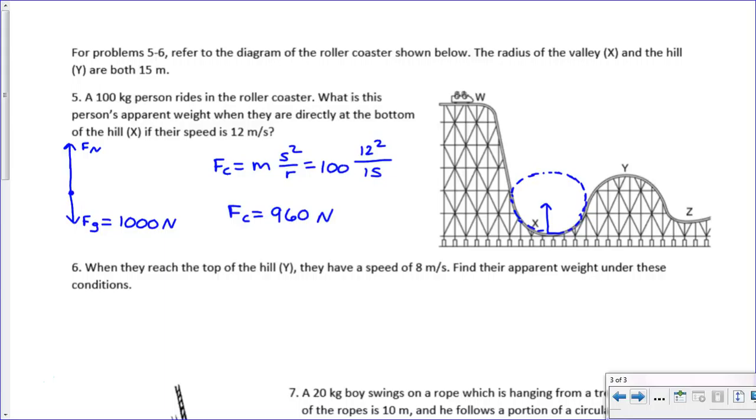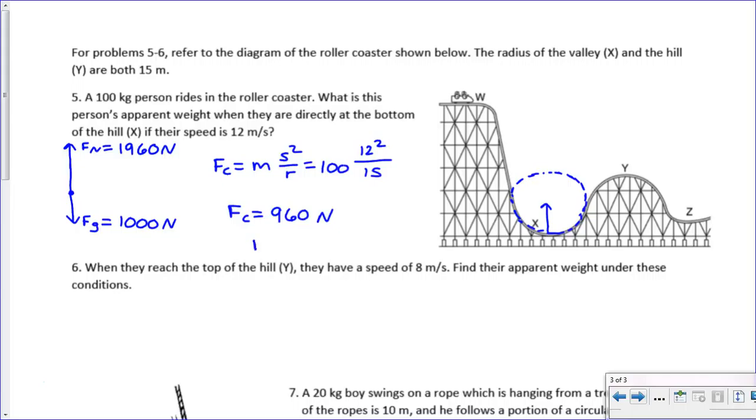We know the upward force is larger in this case because it's accelerating upward, and we know the difference is 960, and we have 1,000 already for gravity, so hopefully it makes sense that we'd call this 1,960 newtons, because 1,960 newtons is what it would take to create an unbalanced force of 960 going upward.